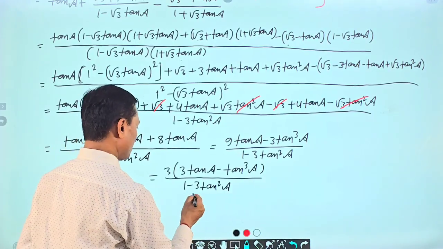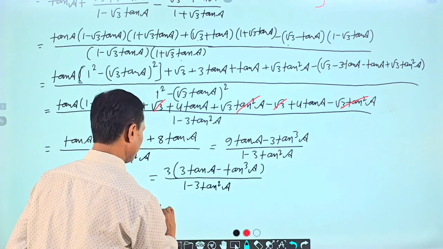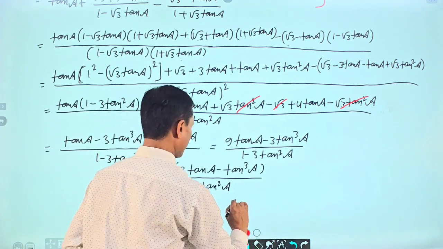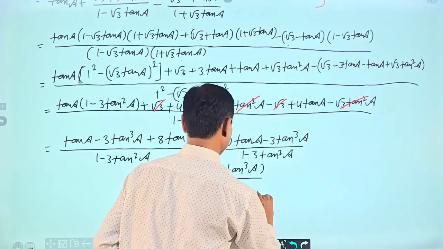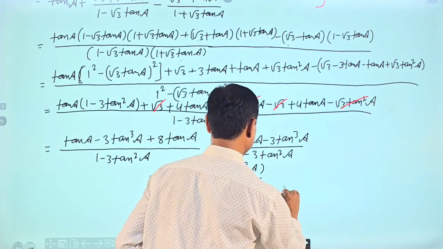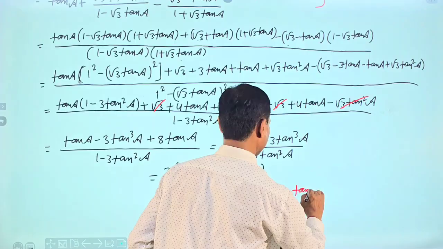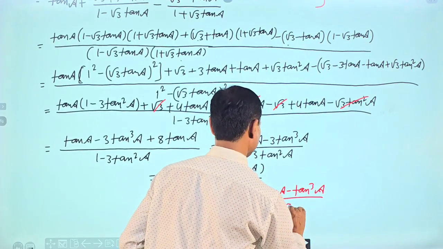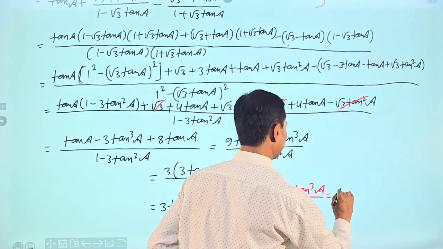Okay, so lastly you can write here 3 tan 3A, isn't it? Just write the formula here, that is 3 tan A minus tan cube A over 1 minus 3 tan square A equals to tan 3A.